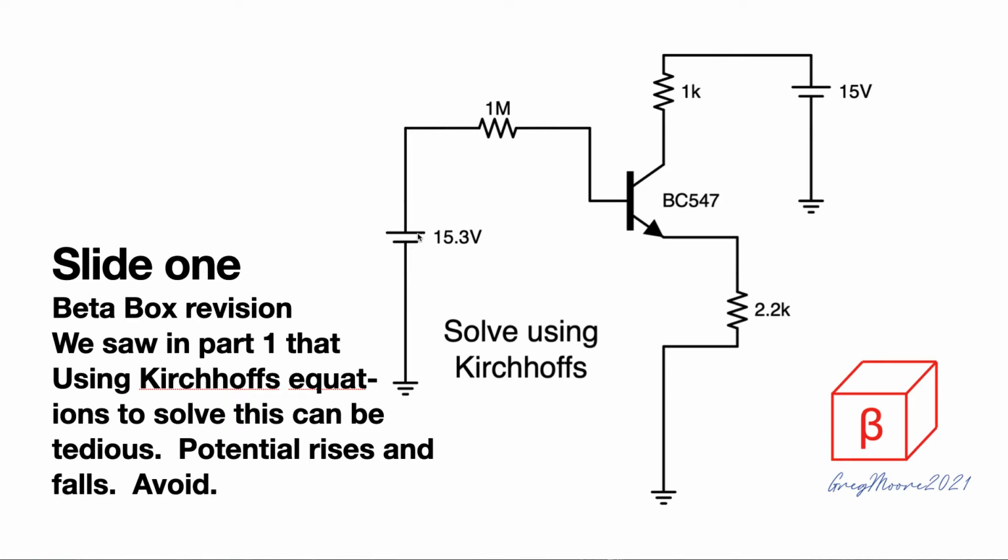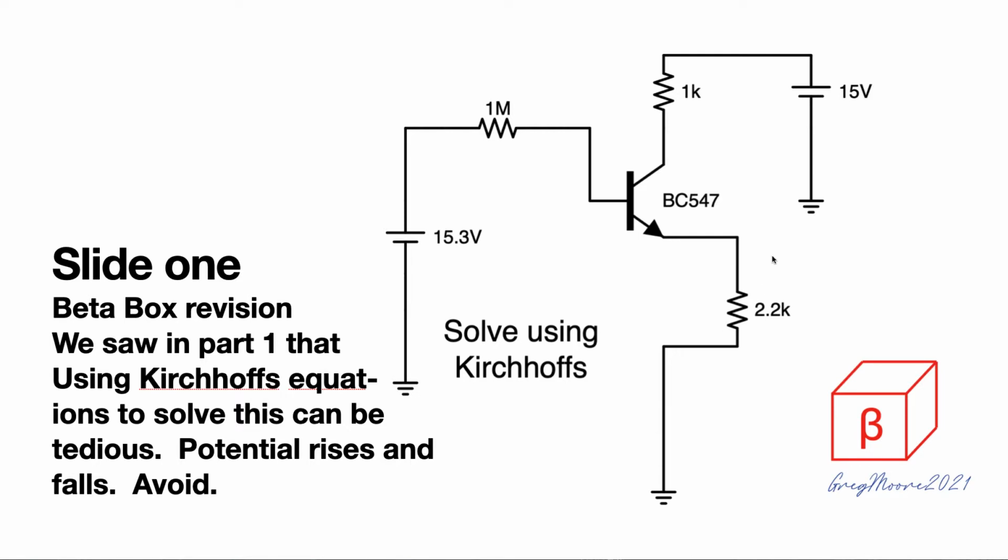You'd have potential rises and potential falls. So you've got a potential rise of 15.3 volts. You'd have to subtract the potential fall of the voltage across the 1 megohm, the potential fall of the emitter diode, 0.7, and you'd also have to subtract the voltage across the 2.2K resistor to end up with 0 at the end of the equation.